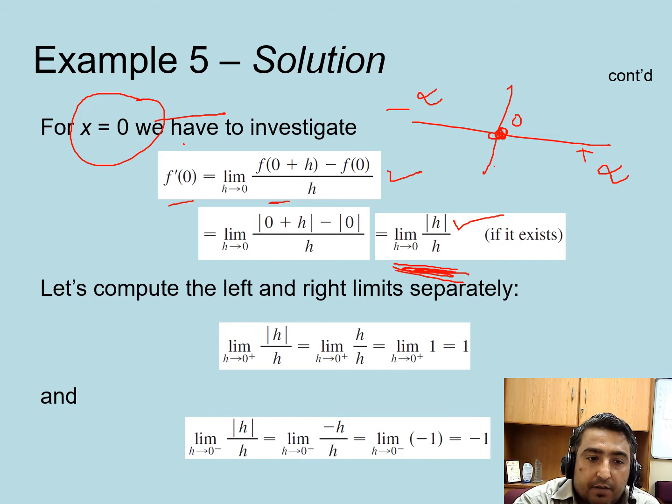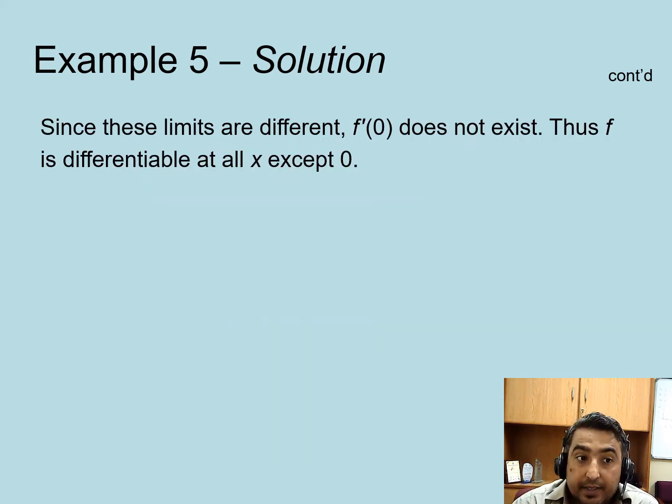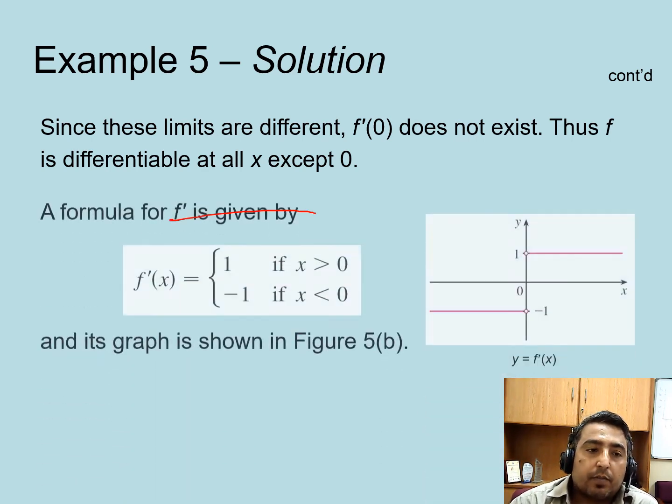Let's compute the left and right hand limits. From positive it is 1, from negative it is minus 1. So both limits are not the same, hence this limit does not exist. Therefore the function is not differentiable, or the derivative does not exist at 0. So except 0 it is differentiable on the whole line.